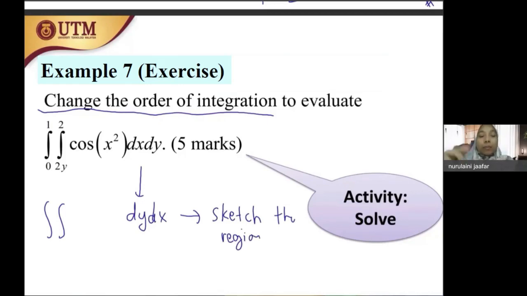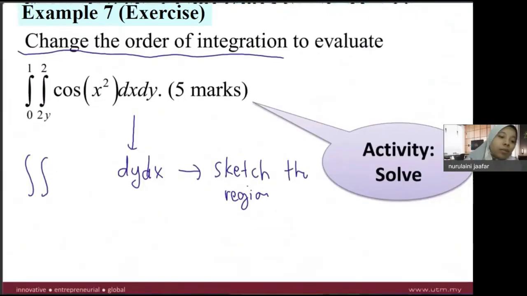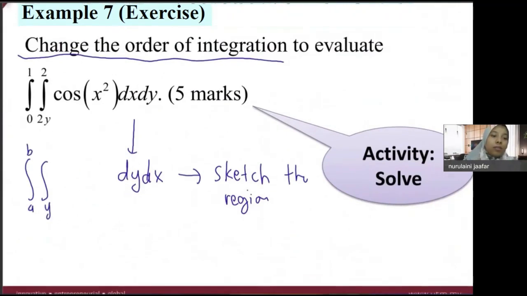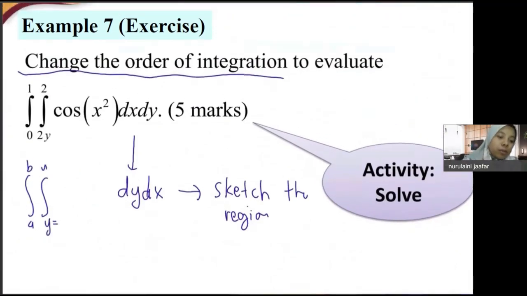Yeah, can. But in my class, I ask to sketch the region. So you can try. Sketch the region and then get the new limit. Make sure this is constant from a to b. This is a function. y equal to what? You can try. The answer I get is negative 0.1892.